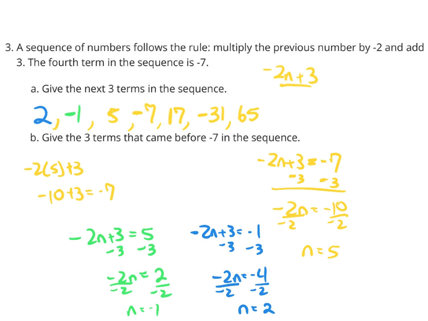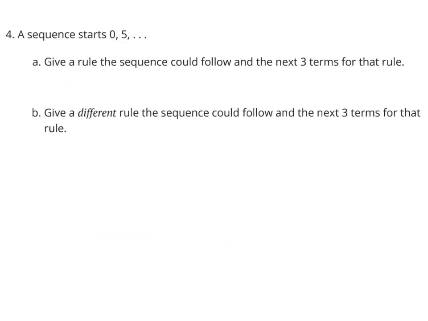Negative 1 times negative 2 is positive 2 plus 3 is 5. Negative 2 times 5 is negative 10 plus 3 is negative 7. Okay, so everything works. This is my sequence. I gave you the 3 terms, and that's how you solve this problem.